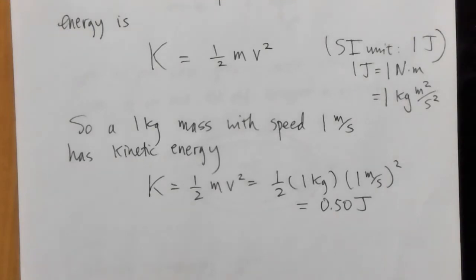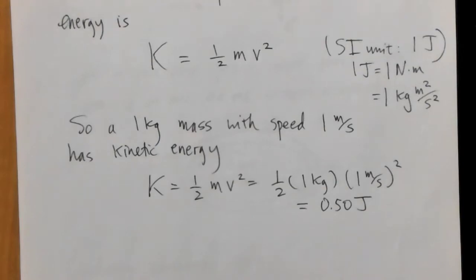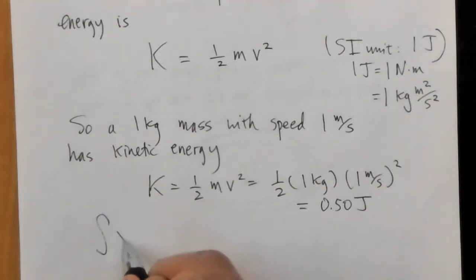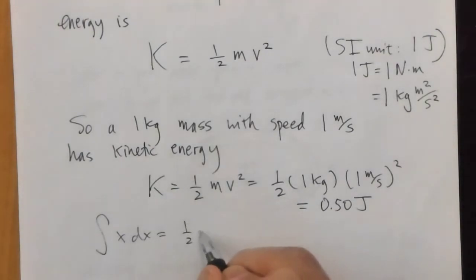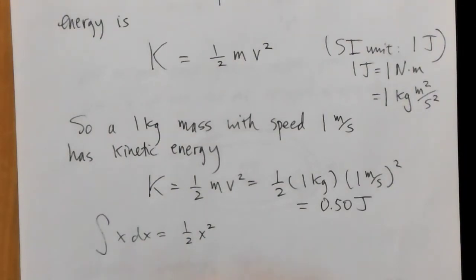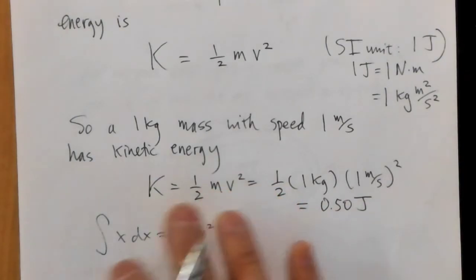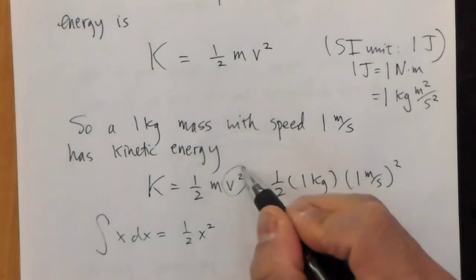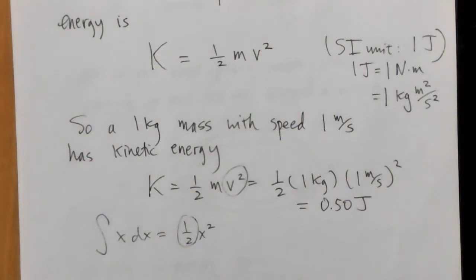If you were to figure out how much energy is stored in something, the 1/2 is the same 1/2 you get from the integral of x dx, which is 1/2 x squared. I'm not deriving this formula here, but that's how it comes about. A lot of formulas where something is squared come with a 1/2 because they come from an integral like this. Good question.